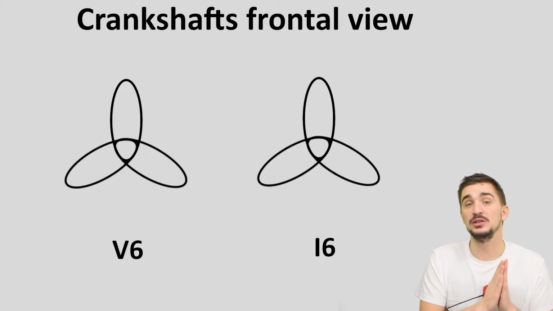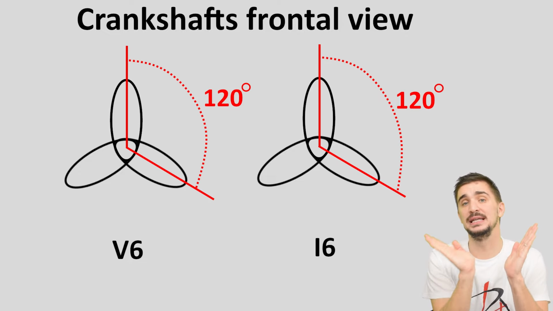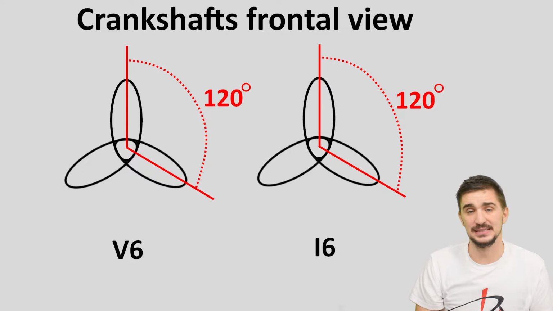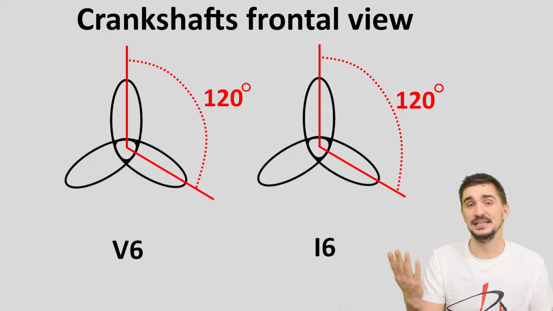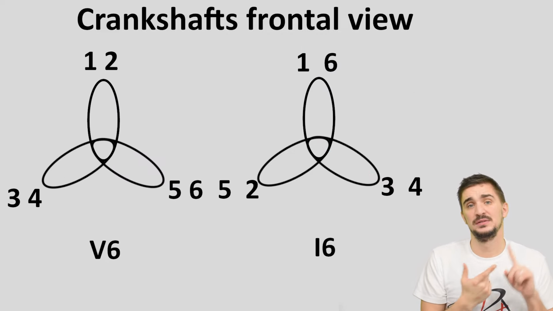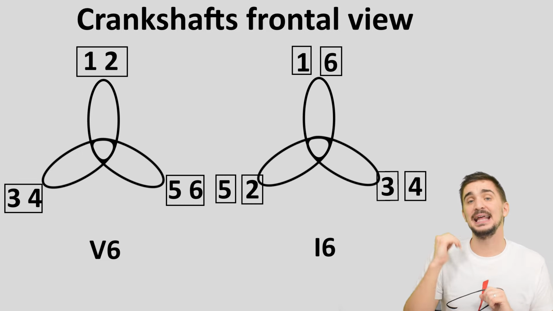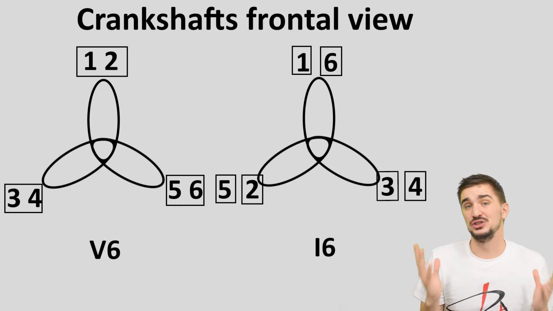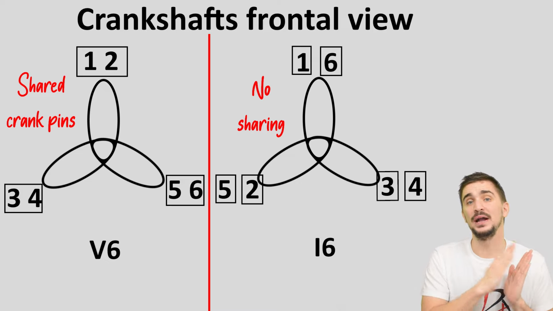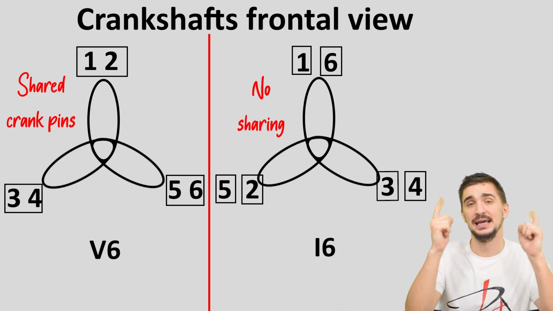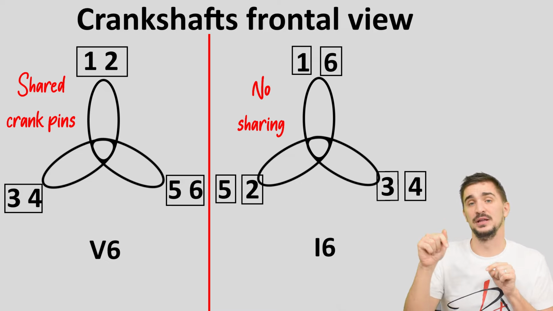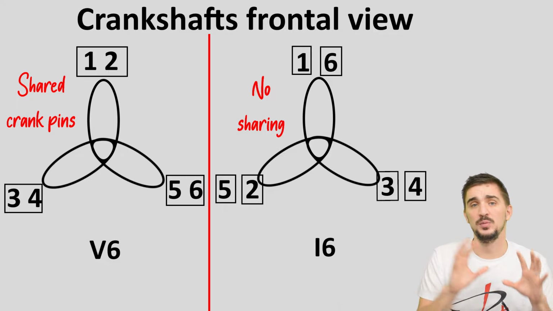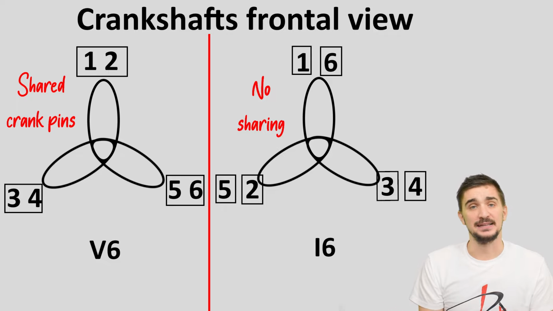And this is also going to be the angle of separation between each individual crank pin. The only difference is that in the V6, 1 and 2, 3 and 4, and 5 and 6 are going to be sharing crank pins, and in the inline 6, nobody's going to be sharing anything. It's just that 1 and 6 are going to be pointing in the same direction, and 2 and 5 and 3 and 4 will be pointing in their respective directions.